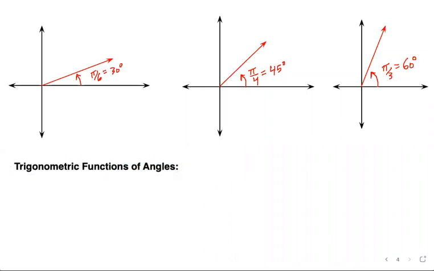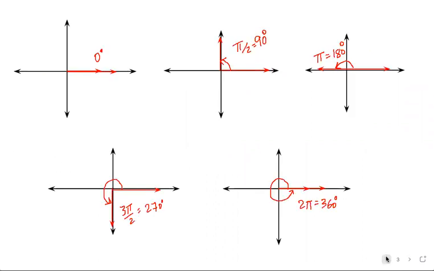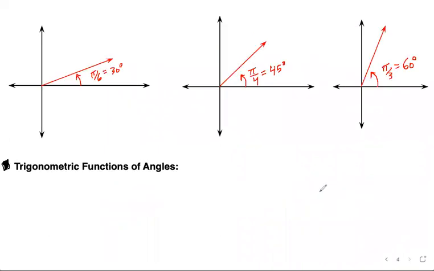Is it clear? Any questions about the previous graphs? You just have to memorize this is the 0 angle, this is 90, this is 180, 270, 360. And you have to know the small acute angles, 30, 45, 60.